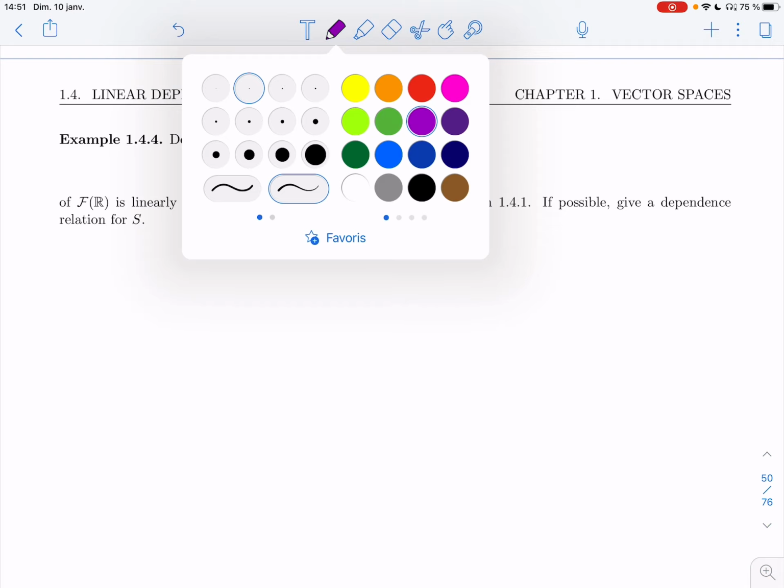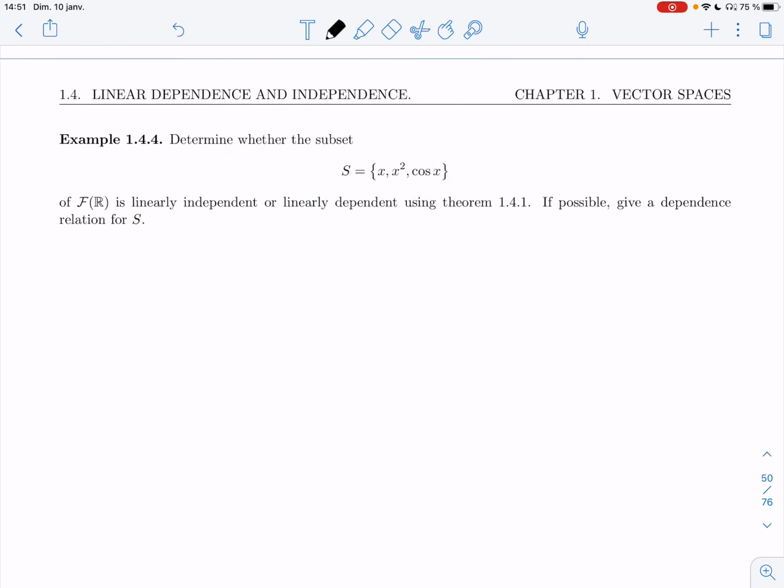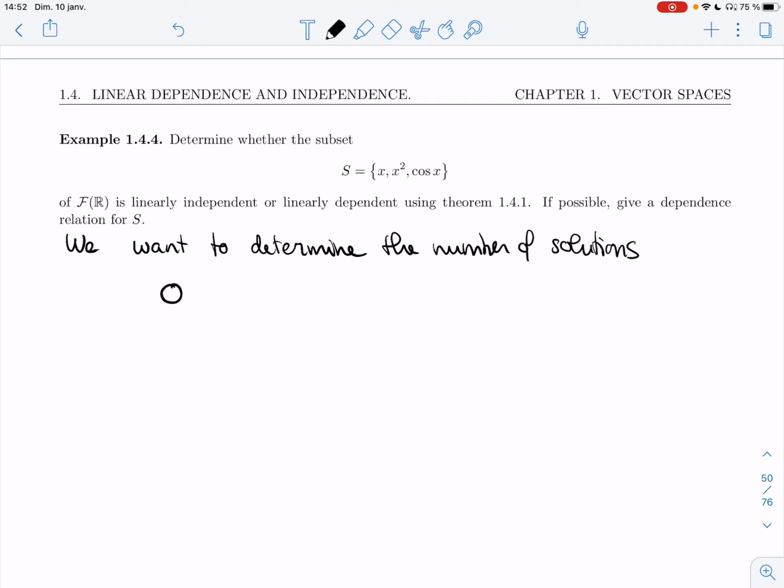All right, so we're looking to write the 0 of this vector space, which is the 0 function. Determine the number of solutions to write the 0 function as a1 times the first function plus a2 times the second plus a3 times cos of x.